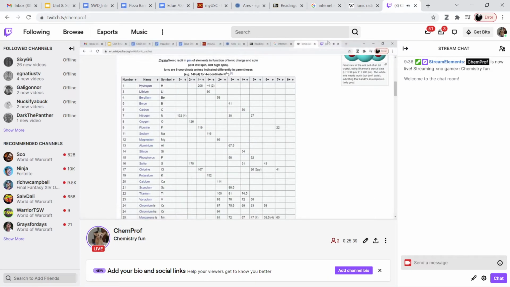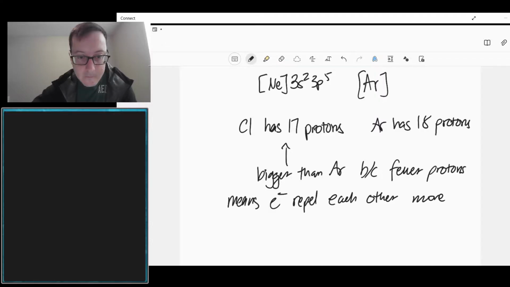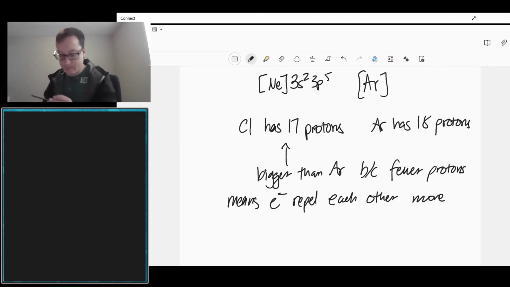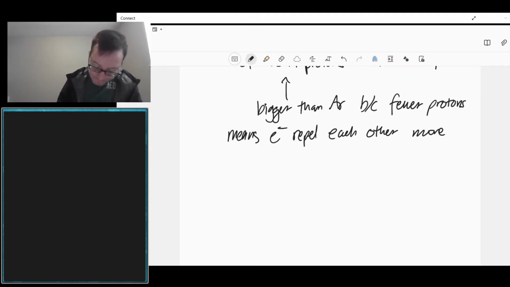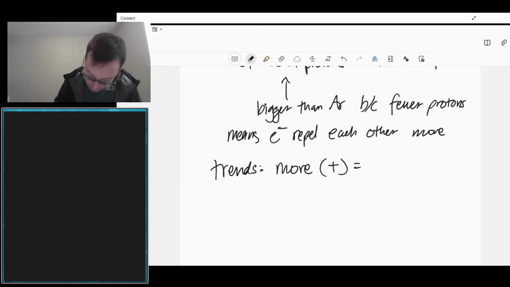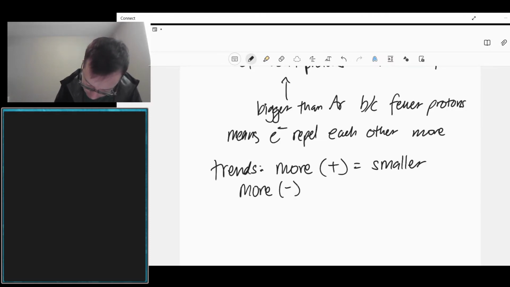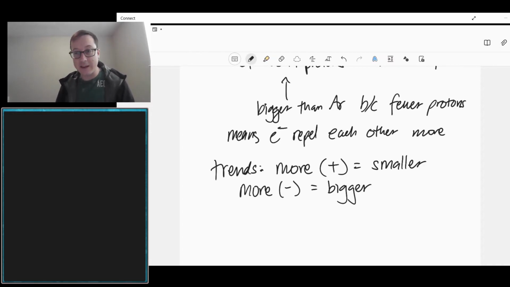So, if we want to take a look at those, the trends are: the more positive you are as an ion, the smaller you are, and the more negative you are, you get bigger. And we're going to see that we can compare these when they have the same electron configuration.